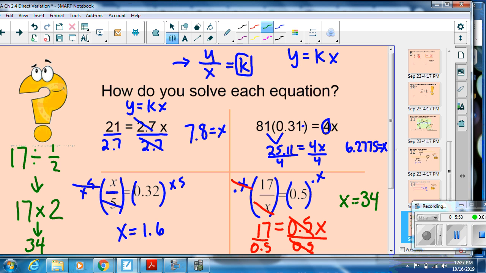These are all direct variation relationships, and sometimes we have to find different variables depending on the values that we have. In this last case, I had my k, I also had my y value, but I needed to find my x value, and those are some of the things that we're going to be practicing.